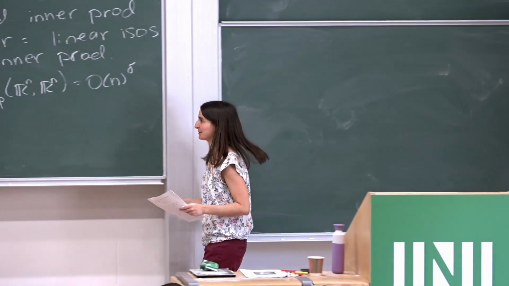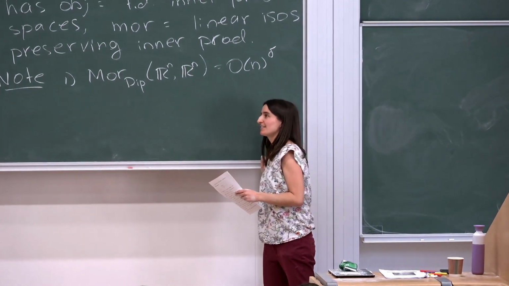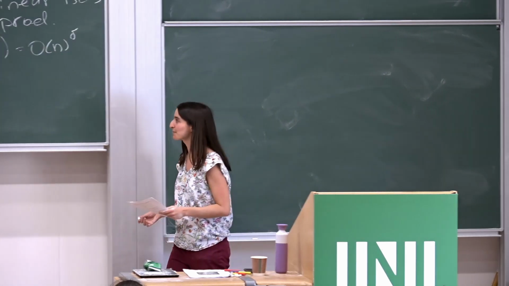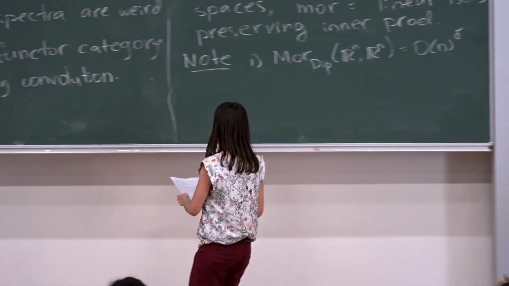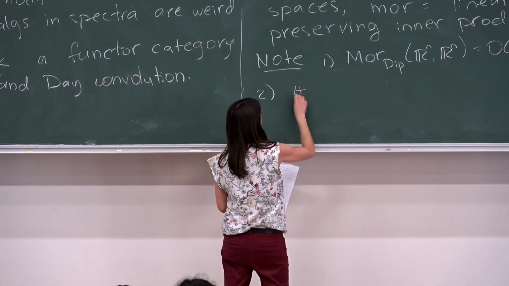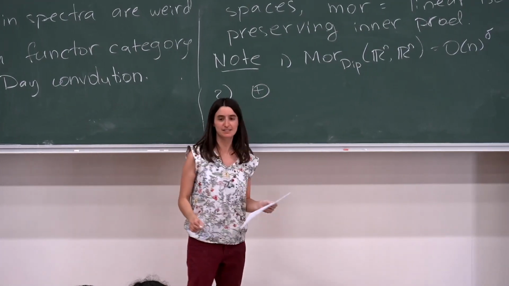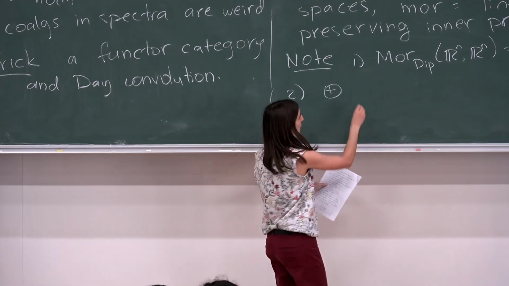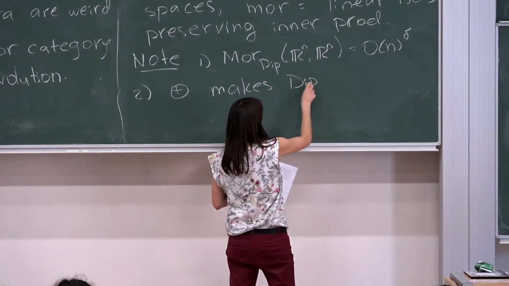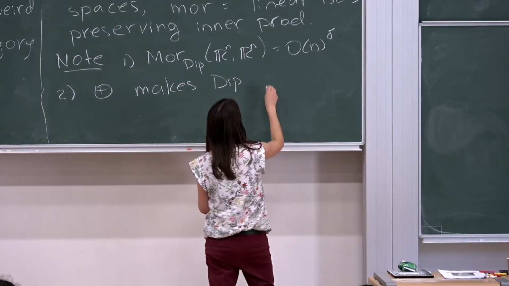So that's great. That's our frenemy, On with the discrete topology, showing up over there. Another really cool thing about this category is that direct sum of vector spaces makes it into a symmetric monoidal category.